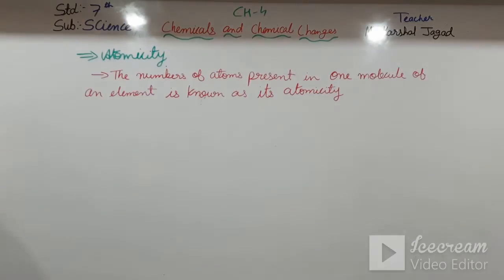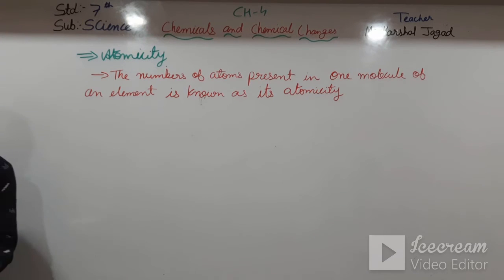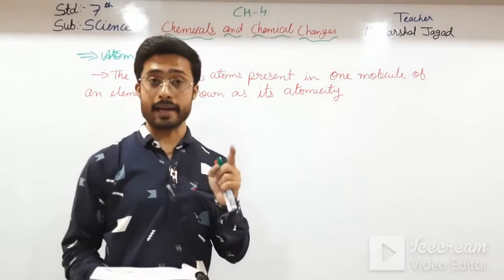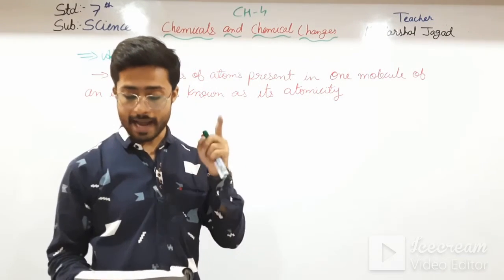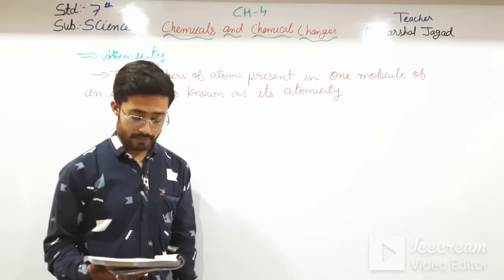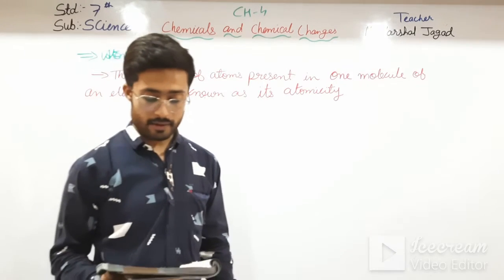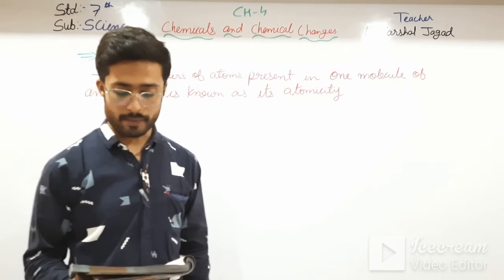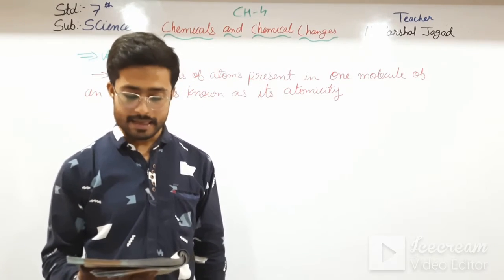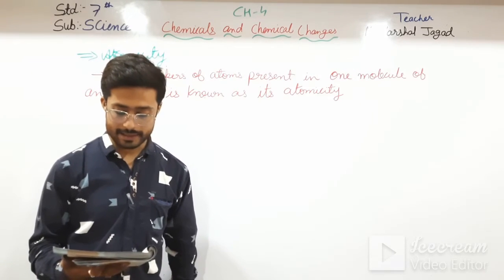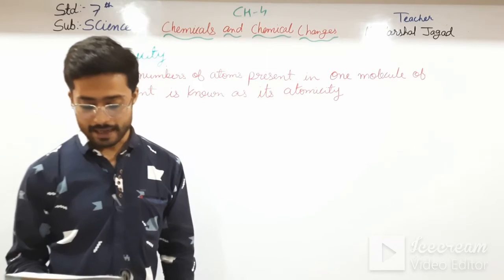See here, I am just reading the description which is given over here. Here you can see the figures are given: monoatomic molecule, diatomic molecule, tetraatomic molecule. Atoms of many elements cannot exist independently. Two or more atoms combine to form a molecule of this element. The number of atoms present in one molecule of an element is known as its atomicity.